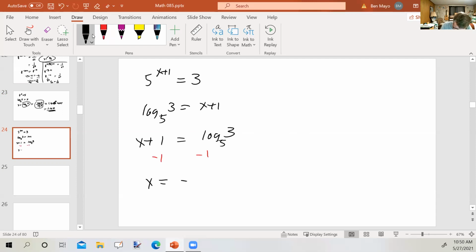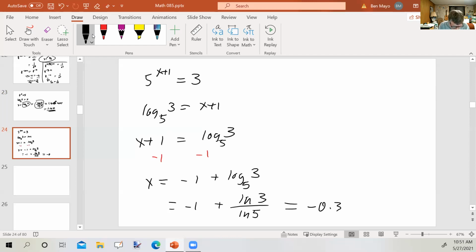So I've got x equals -1 plus the log base 5 of 3, which is -1 plus, I'm going to use natural log this time, natural log of 3 over natural log of 5. Okay, so I've got -1 plus the natural log of 3 divided by the natural log of 5. And I get -0.317393806.